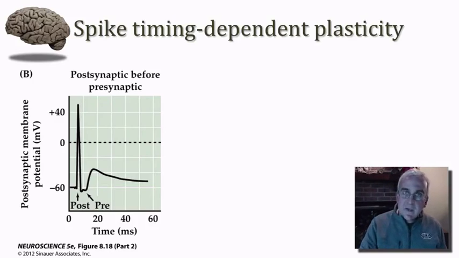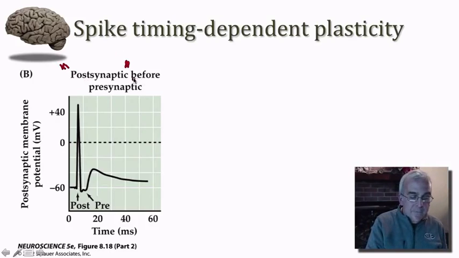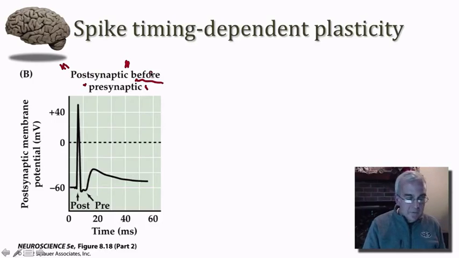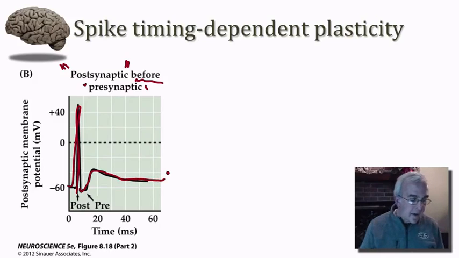So if we stimulate such that the postsynaptic action potential actually happens before the presynaptic action potential, we might find a recording that looks like this. The large action potential represents the postsynaptic spike, and then some period of time following it, maybe 30 milliseconds or so later, the presynaptic input is stimulated, and we see some postsynaptic potential that's recorded. But that postsynaptic potential, importantly in this regime, follows the triggering of the action potential.